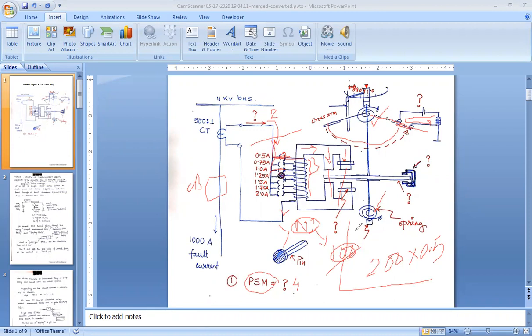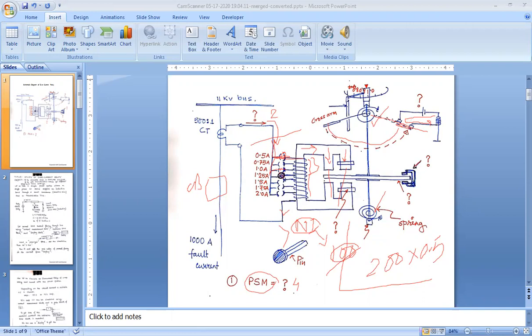As the clock setting multiplier increases, the time taken by the relay to operate will decrease, obviously. More the clock setting multiplier means more current is flowing to the relay coil, it will create more torque. So the time taken by this arm to reach that point will be less.